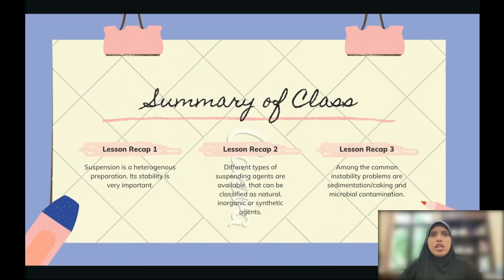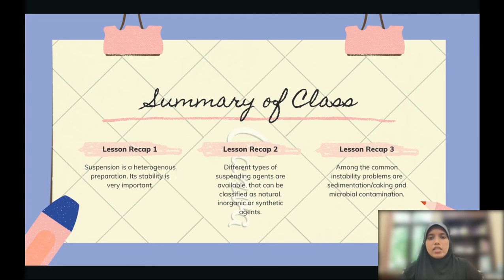As a summary for the class, suspension is a heterogeneous preparation, so its stability is very important. We have to know that there are different types of suspending agents available. They can be classified as natural, inorganic, or synthetic agents. Usually for oral use, we will use natural agents, and inorganic more for external use.